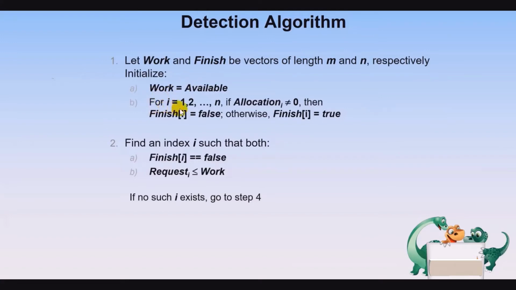For i equals 1 to n, if Allocation is not equal to 0, then set Finish[i] to false. Otherwise, Finish[i] is true. Then find an index i such that both Finish[i] equals false and Request[i] is less than or equal to Work. If no such i exists, go to step 4.